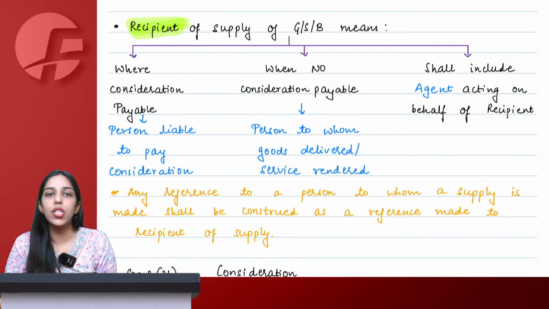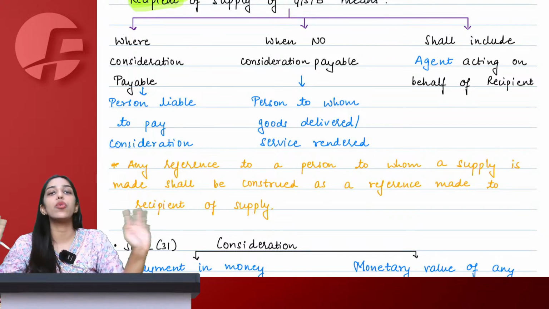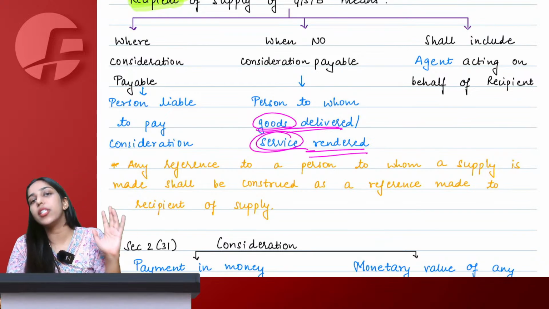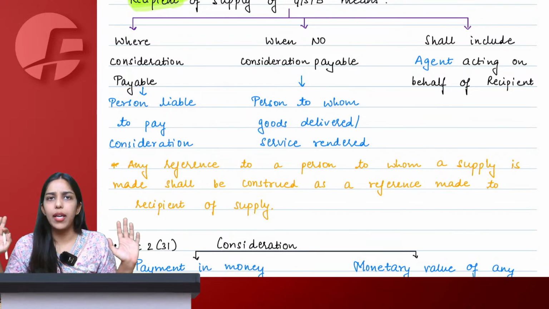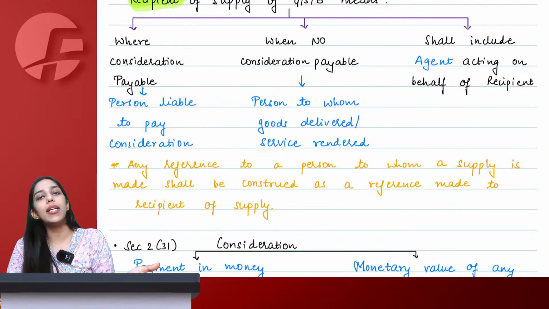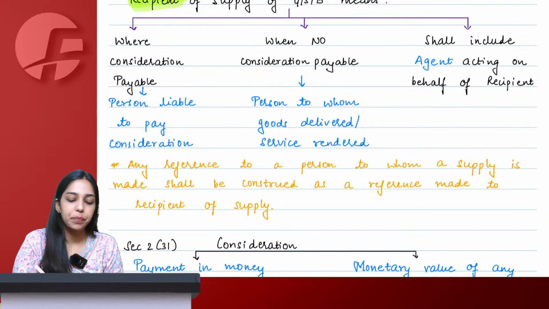No consideration is charged. You can simply attend the revision videos. Now in that case, whoever is the person enjoying those goods or services, to whoever we have delivered the goods or rendered the services, whoever is enjoying these goods or services will automatically be considered as recipient because consideration is not payable.